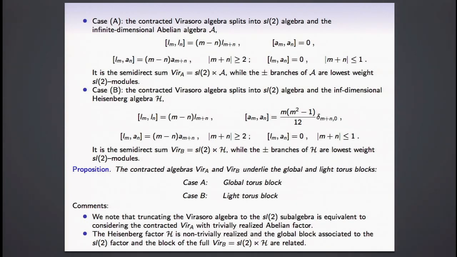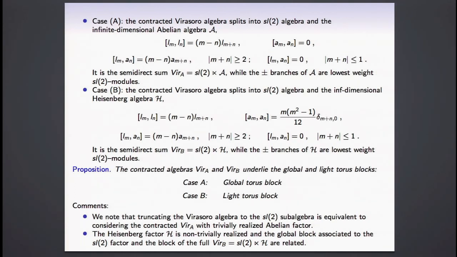Doing these contractions, we observe that in the first case, the Virasoro algebra decomposes in two parts. The first part is the SL2 subalgebra, and the other part is an infinite dimensional abelian factor, and this is expressed by these two lines. We see that the whole contracted Virasoro algebra is just a semi-direct sum of SL2 and this infinite dimensional abelian factor.